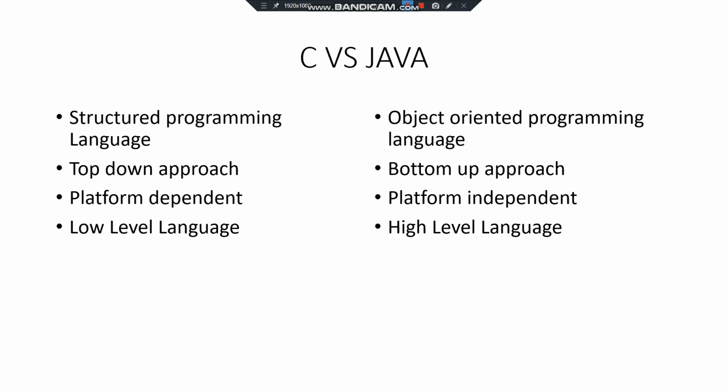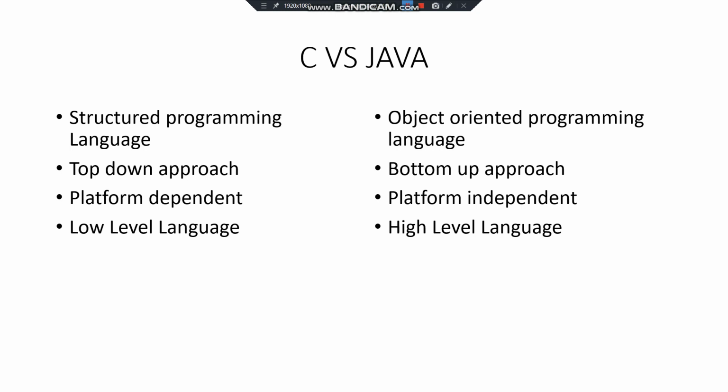The next major difference lies in the platform dependent and independent feature of C and Java respectively. C is a platform dependent language, meaning that the code written in one system in C programming language cannot be transferred to any other system, whereas Java, once compiled, creates a bytecode which can be transferred to any system irrespective of the platform and the architecture.